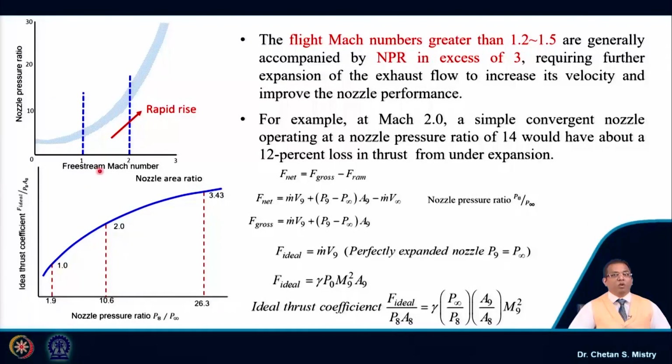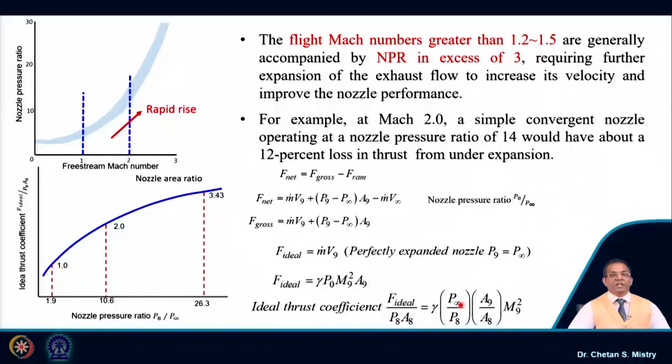Now, in order to understand that, we have our fundamental equation available with us. If I put in a perfectly expanded nozzle, where my exit pressure and atmospheric pressure are the same, then I can call that my ideal thrust. Let me introduce the parameter called ideal thrust coefficient, given by F ideal by P8 by A8.